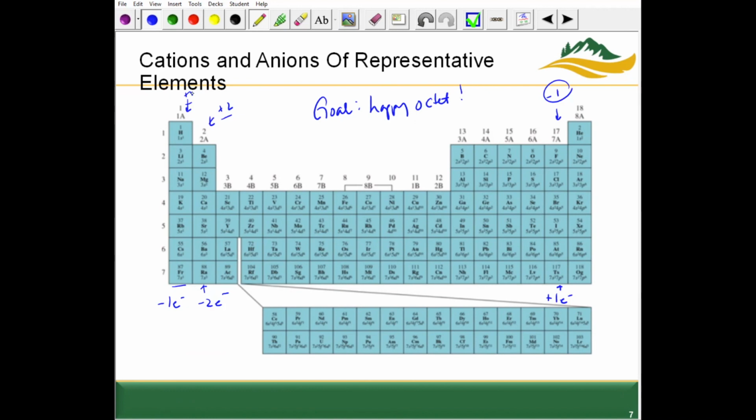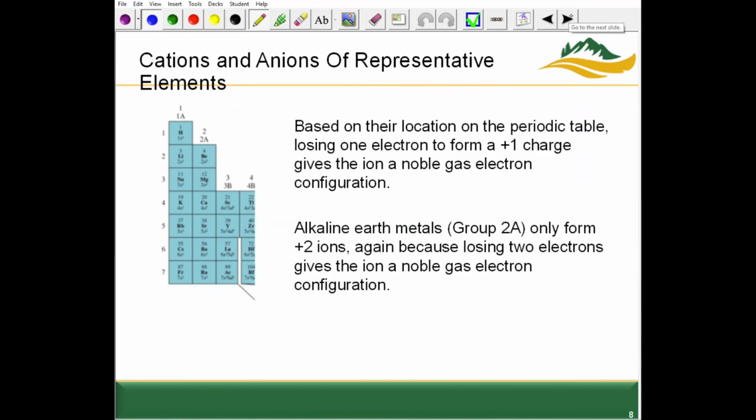So we will see then why these prefer to lose 1 electron to be +1. These will lose 2 electrons to become +2 for our alkaline earth metals. So as mentioned, based on their location in the periodic table, losing 1 electron for those alkali metals, group 1A, they will form a +1 charge in order to give them noble gas electron configuration, which translates to a filled happy octet.